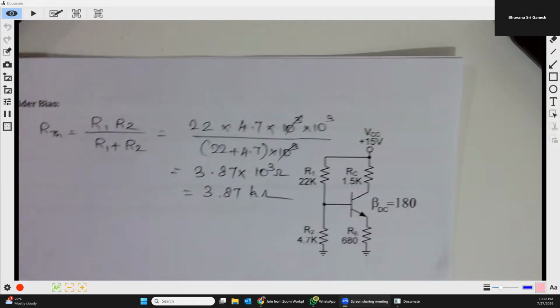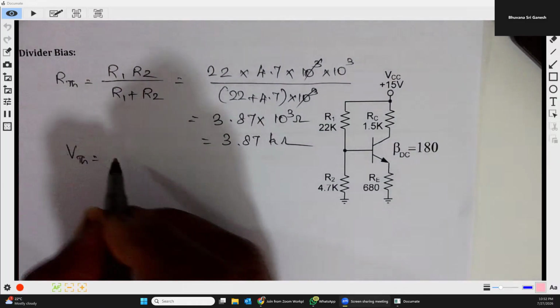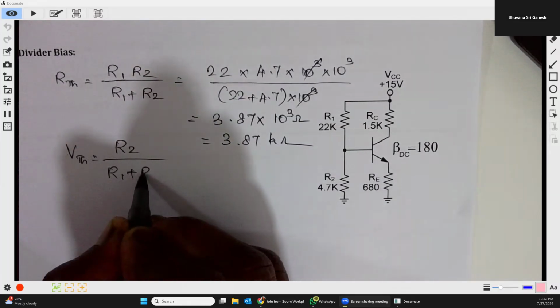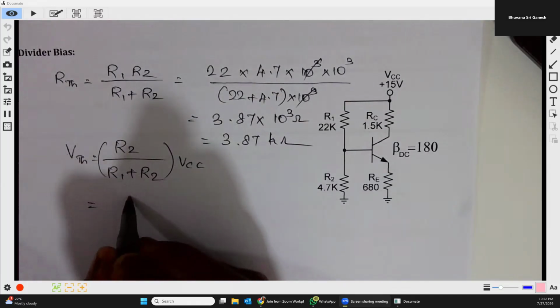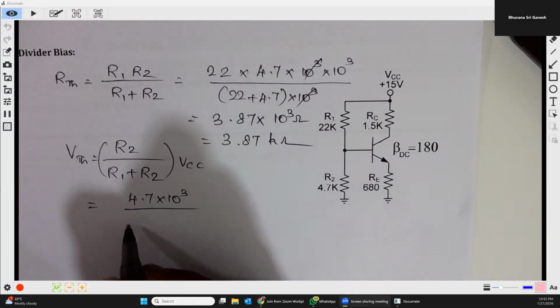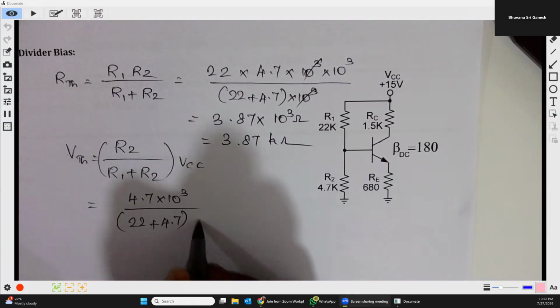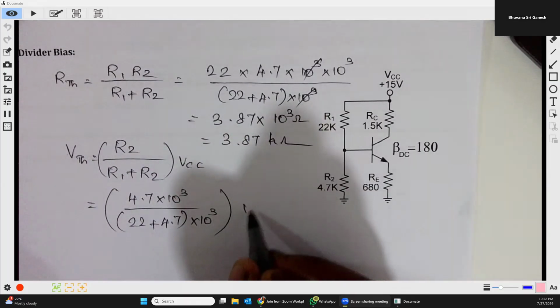Next, we are going to find VTH, Thevenin. VTH is R2 over R1 plus R2 times VCC. R2 is 4.7 times 10 power 3 over 22 plus 4.7 times 10 power 3, multiplied by VCC 15 volts.